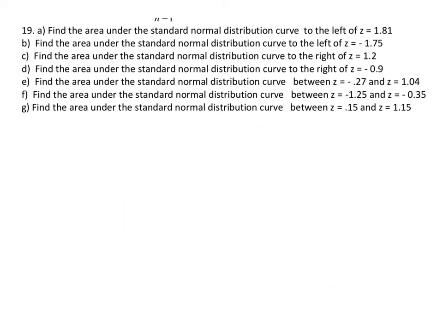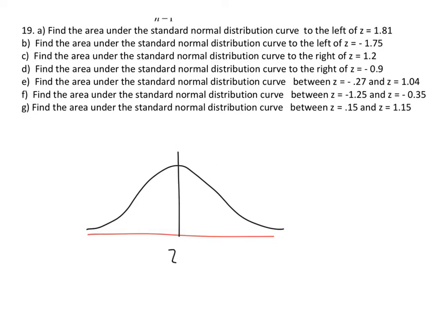Okay, part B: find the area under the standard normal distribution curve to the left of z equals negative 1.75. So let's draw out our curve again. Let's make it black. Here's our z equals 0. Negative 1.75 is going to fall over to the left, right? A negative z-score is going to be to the left of 0.